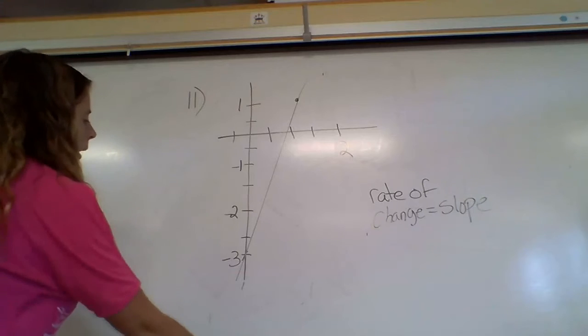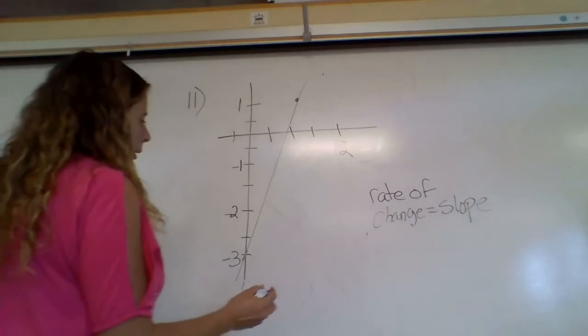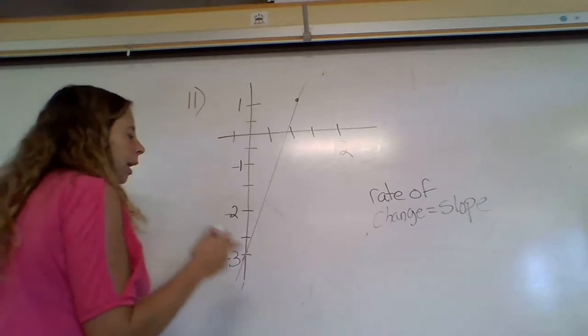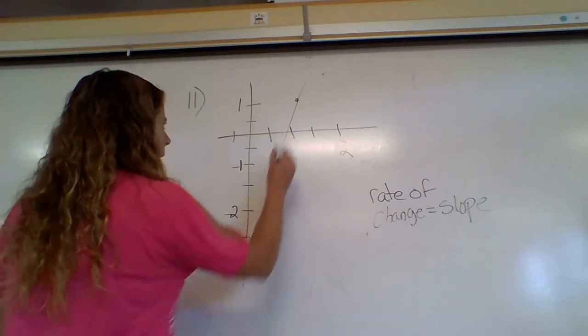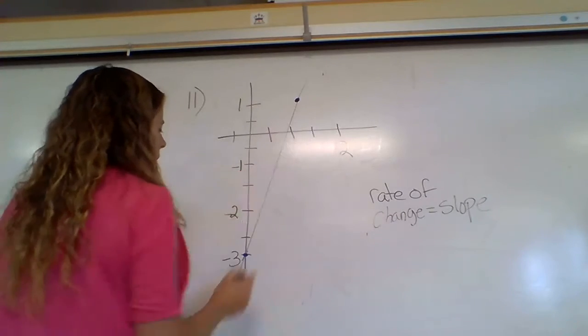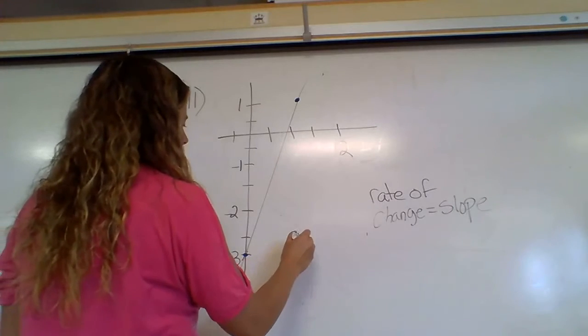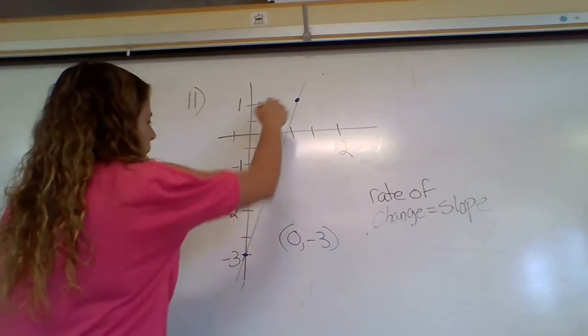So when you're looking at a graph, you can pick 2 points off the graph, but you can also just do it on the graph. So remember, slope is change in y over change in x. It's also rise over run. So I'm going to do this point and this point. That's 0, negative 3, and 1, 1.